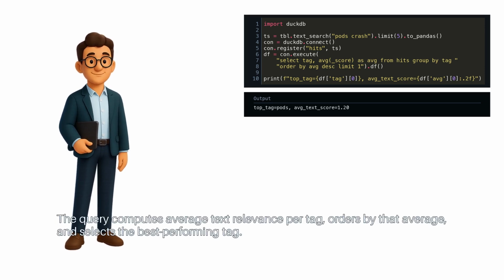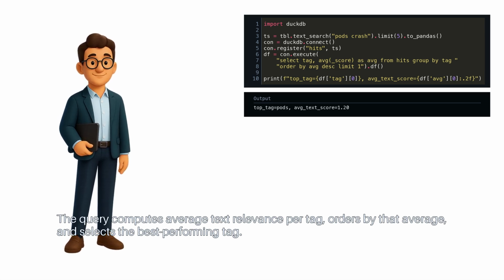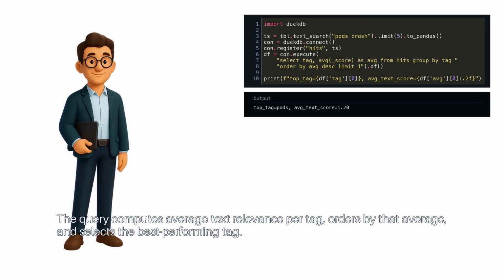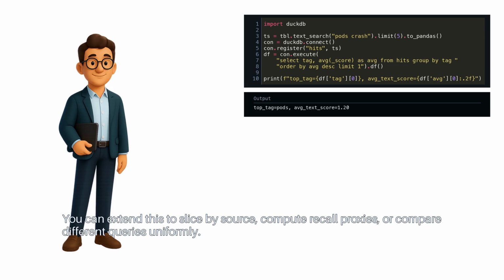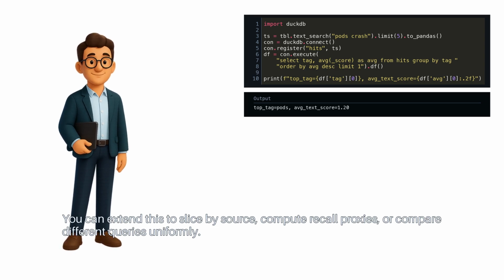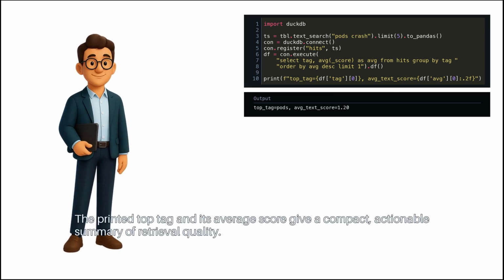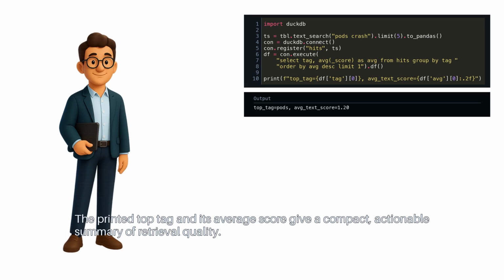The query computes average text relevance per tag, orders by that average, and selects the best performing tag. You can extend this to slice by source, compute recall proxies, or compare different queries uniformly. Reducing the limit tightens latency. Increasing it gives more stable aggregates. The printed top tag and its average score give a compact, actionable summary of retrieval quality.